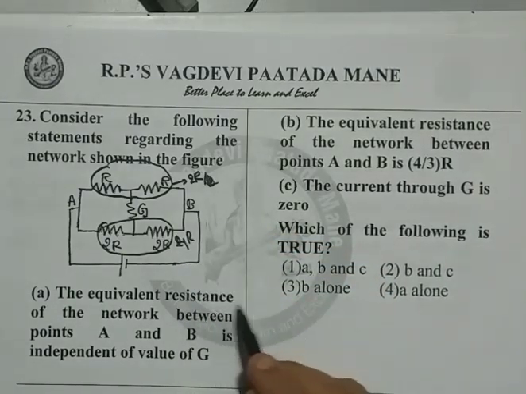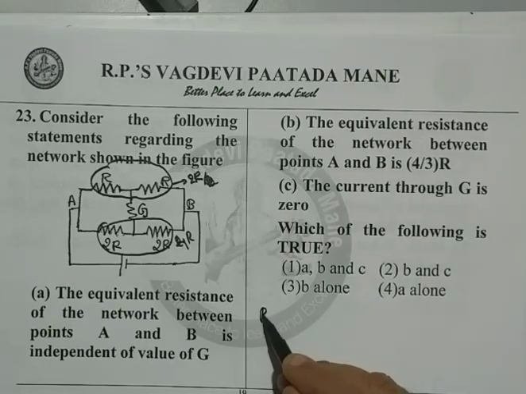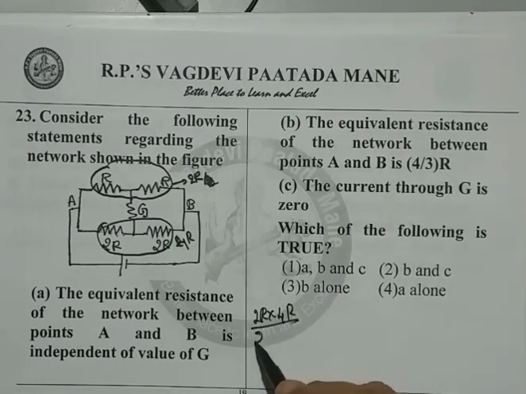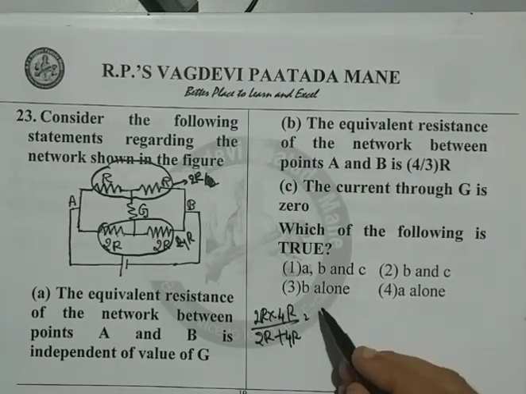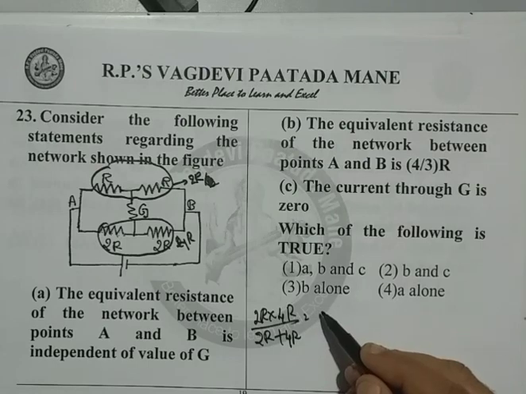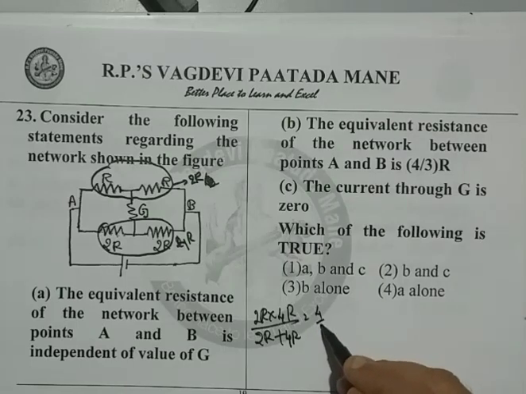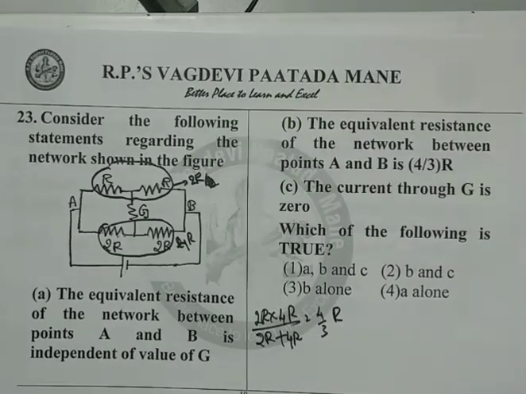Therefore, the effective resistance is 2R in parallel with 4R, 2R times 4R over 2R plus 4R, which is equal to say 4 by 3 R, which is correct according to the second point B there.